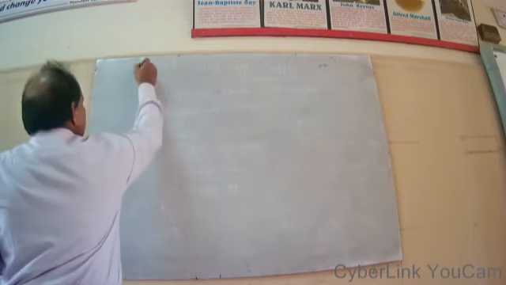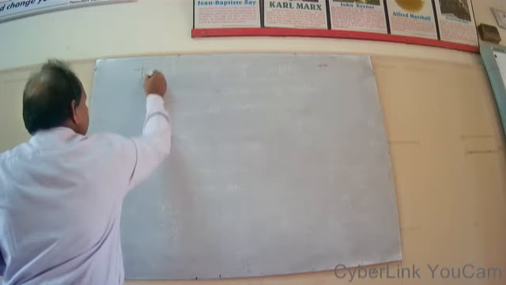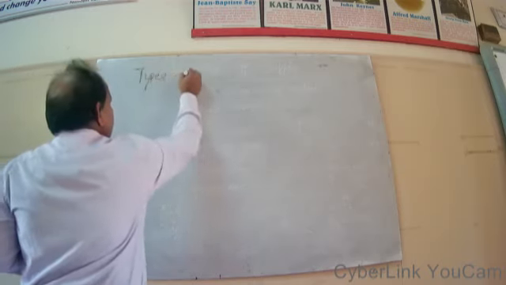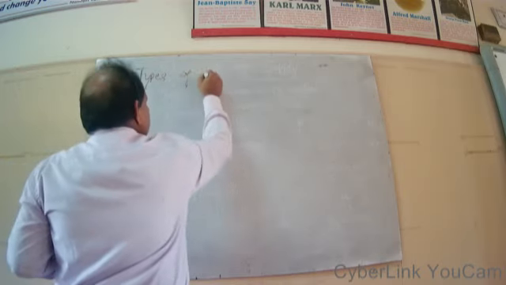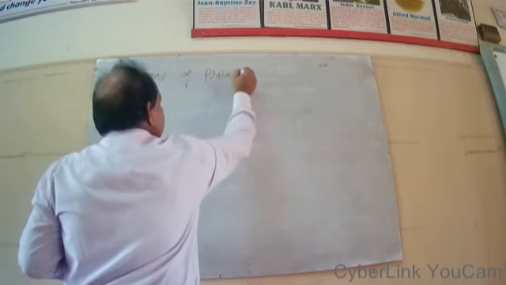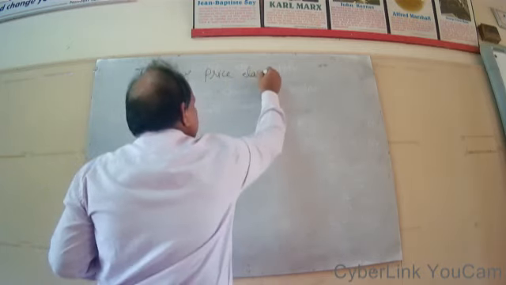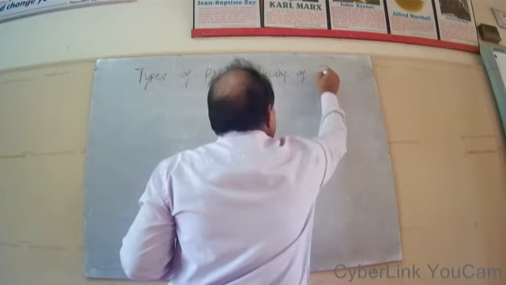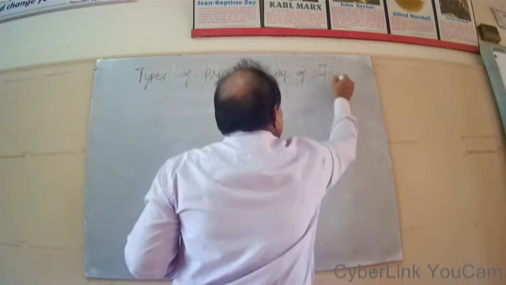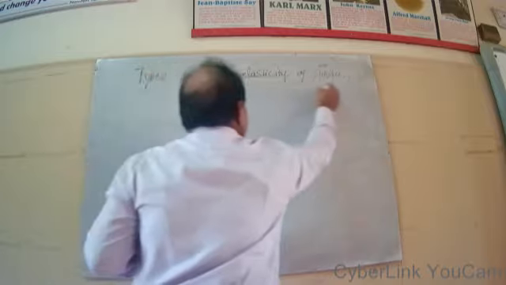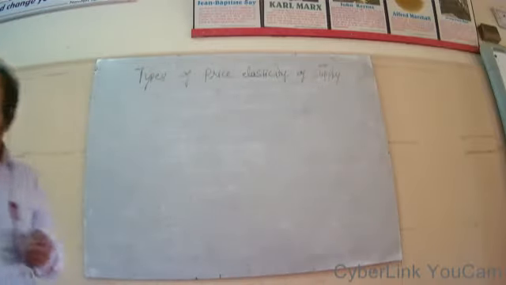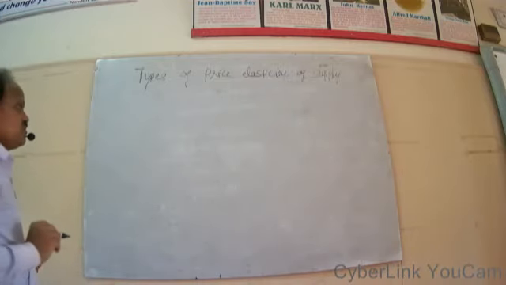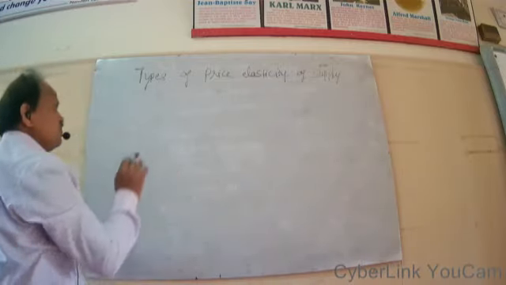So types of price elasticity of supply. So broadly, there are 5 types of price elasticity of supply based on the degree of responsiveness.